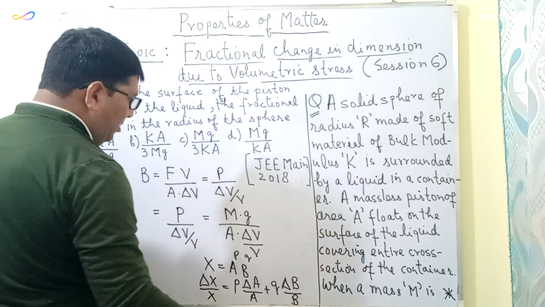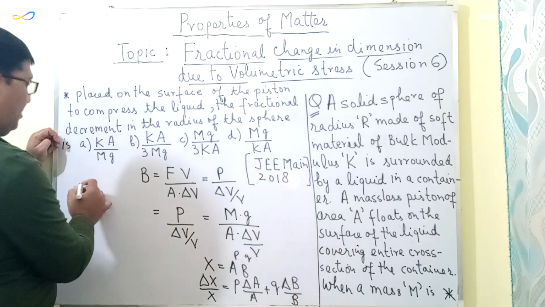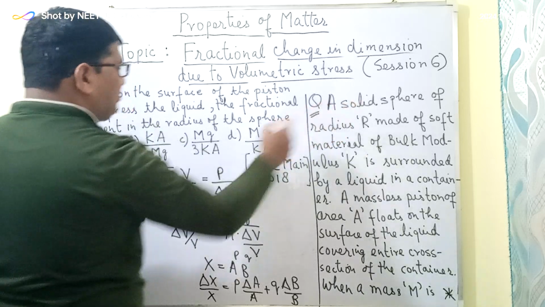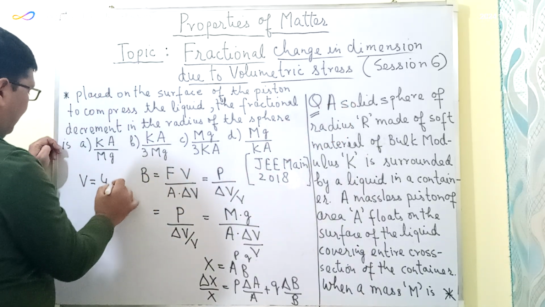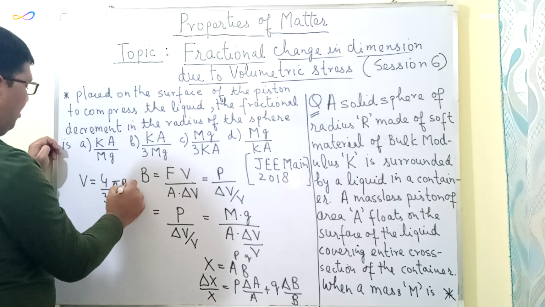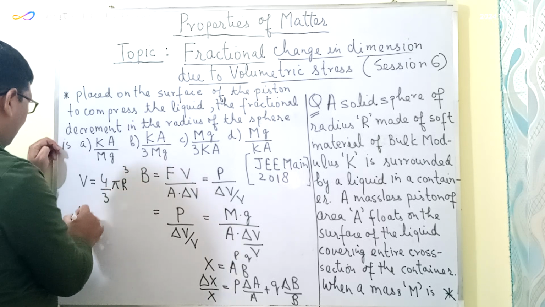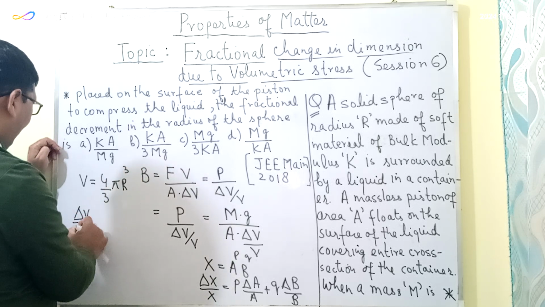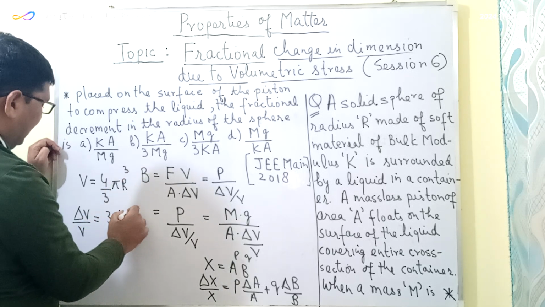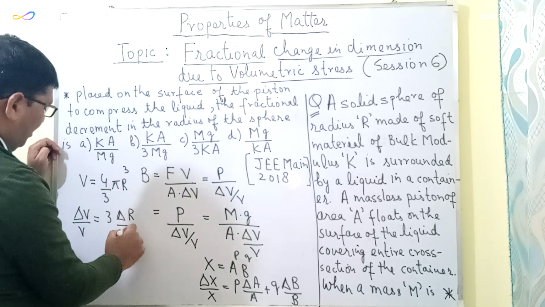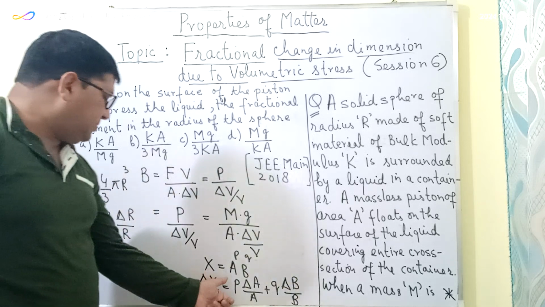So the volume of the sphere, now here this is a solid sphere, is equal to 4 by 3 pi r cube. So delta V upon V will be equal to 3 times delta R upon R, by using this formula.